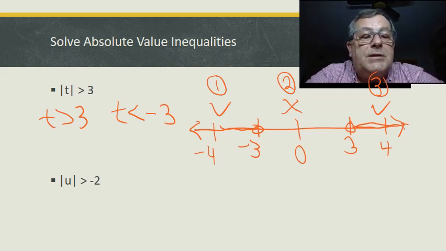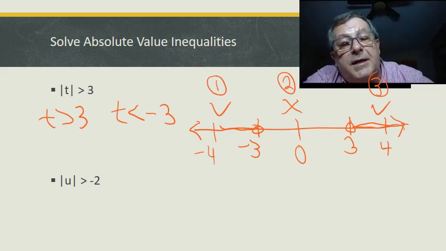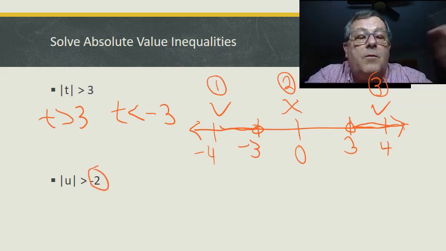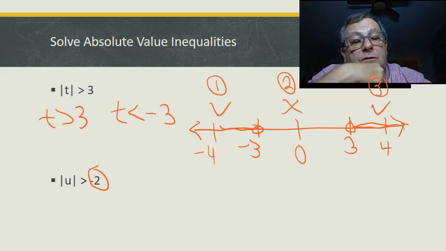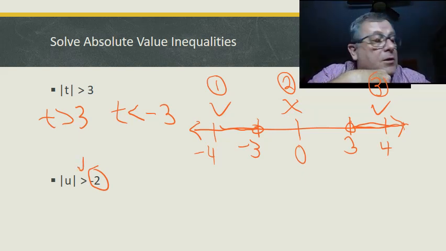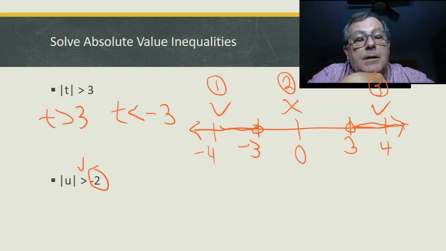Now, let's look at this next one. And this one's got a little bit of trickiness to it because you might see this -2 sitting out here and say, oh, that's going to be an empty set. But not so fast, because that's a greater than. So let's think about this. I'm going to go ahead and put this in 2 cases.